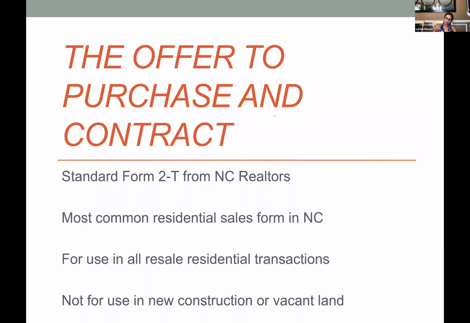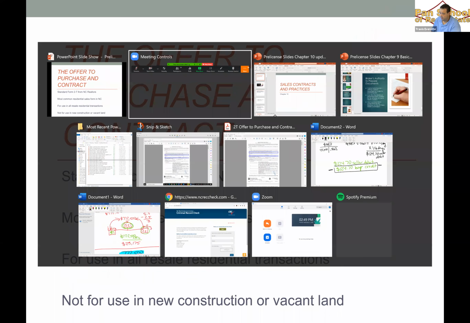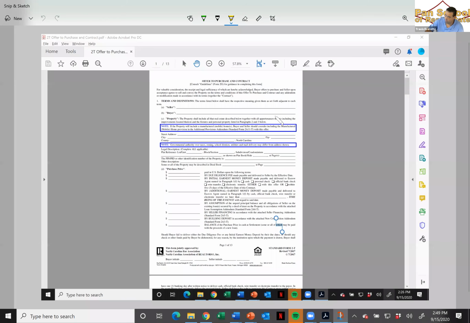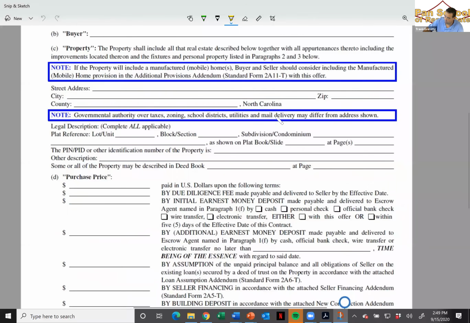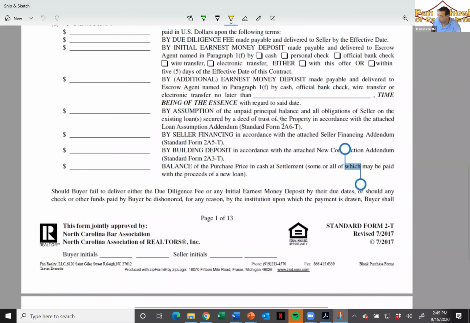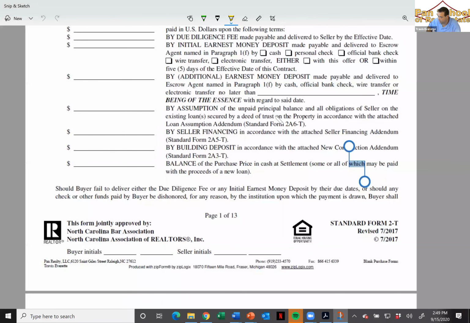So let's talk about this 2T offer to purchase and contract from NC Realtors. And just to show you what it looks like, here is what page 1 of it looks like. And to show you where I'm getting the 2T from, if you look down at the bottom, it tells you that it comes from the North Carolina Association of Realtors.